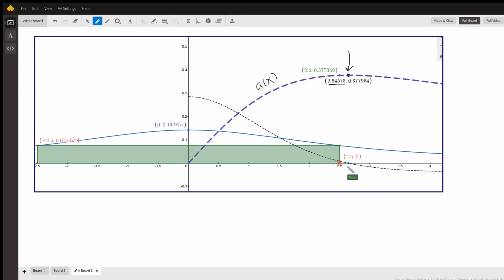And you can see that it hits the x-axis at this point right here. So actually I don't have this labeled, but that's actually the square root of 7 comma 0. So that is when the first derivative equals 0 at the square root of 7.